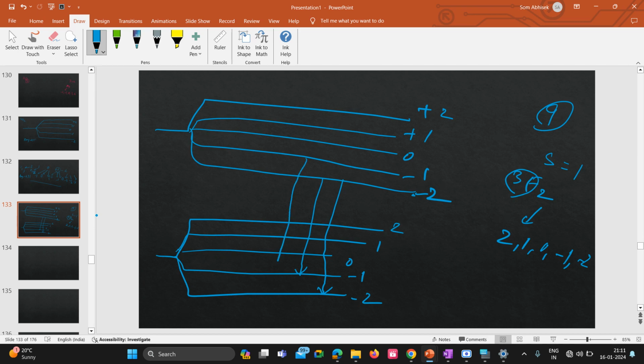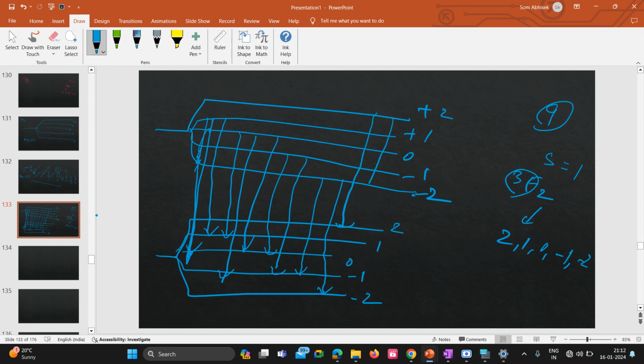Minus 1 to minus 1, minus 1 to 0. 0 to 0, 0 to minus 1, and 0 to 1. 1 to 1, 1 to 0. 2 to 2, 2 to 1. How many lines? 1, 2, 3, 4, 5, 6, 7, 8, 9, 10, 11. 11 lines are possible here. But we need 9. So this is not the answer.